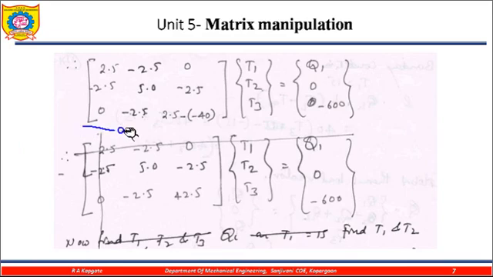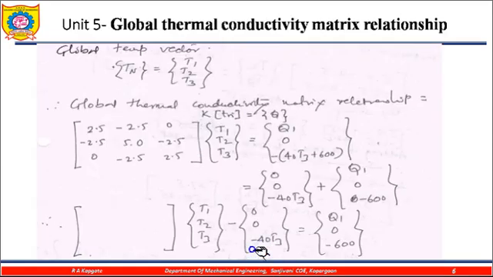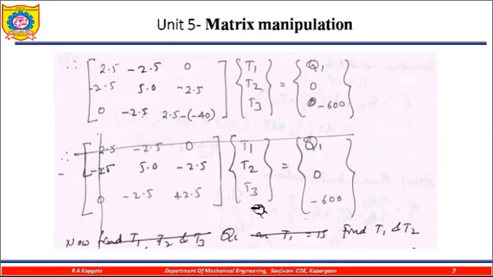So what we get, this is the first term, this is the second term, now this is the third term. Now here you observe this is the minus 40 T3, and this is the T3. So this 40 I keep here, this minus 40, so 2.5 minus 40, while here this term is the minus 40 T3.